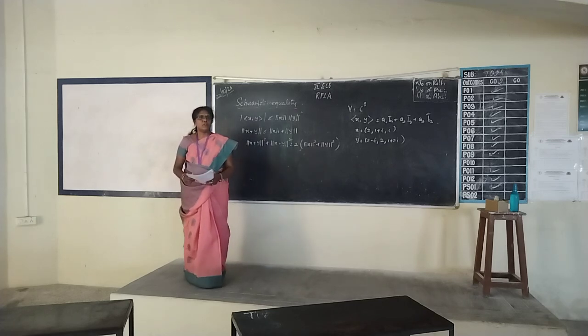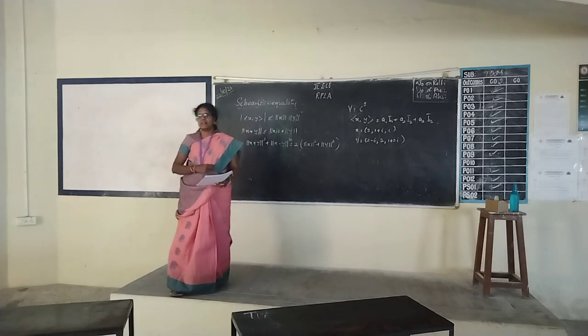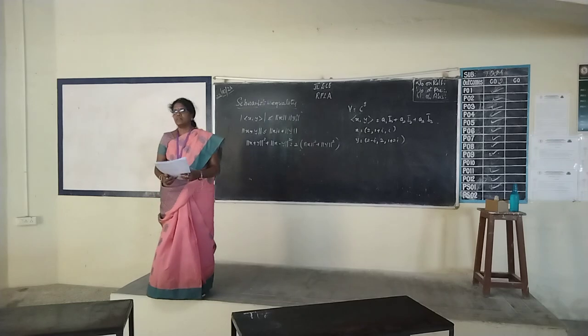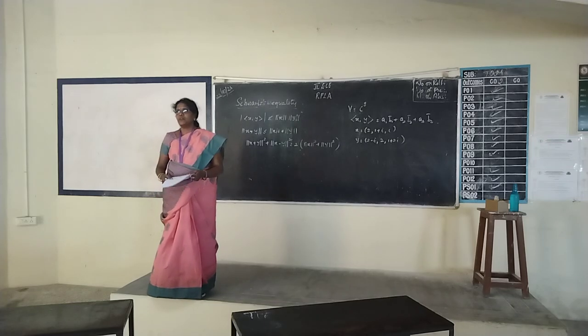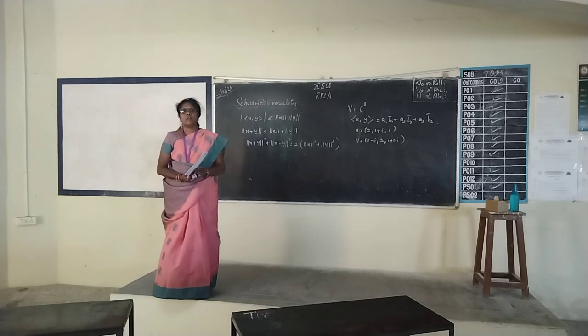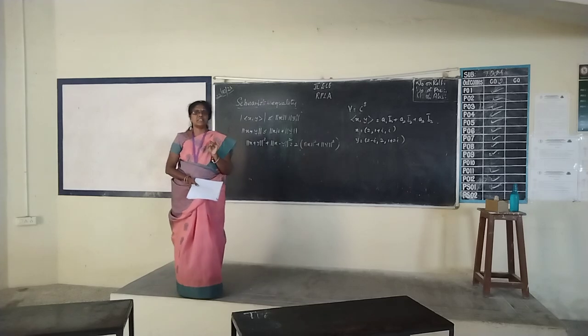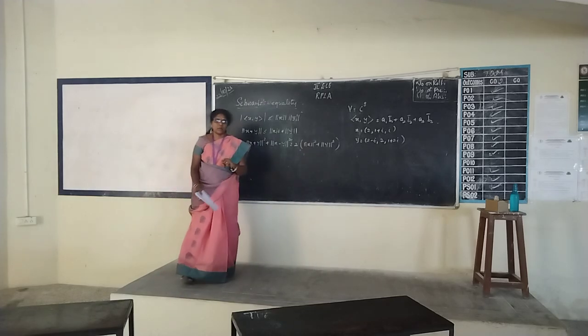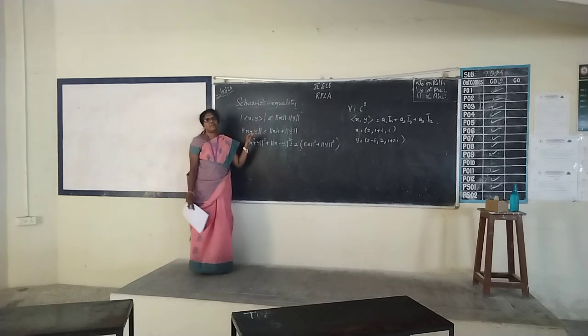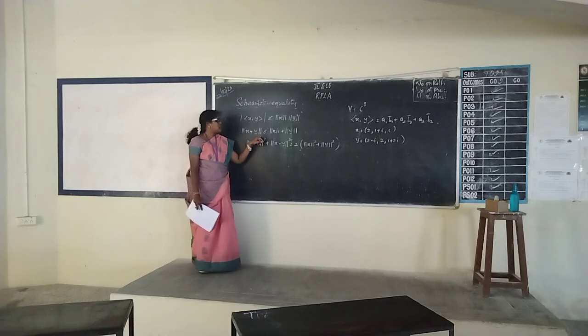So what do you have to prove now? Cauchy's inequality as well as the triangle inequality. What is the triangle inequality? Norm of x plus y is less than or equal to norm x plus norm y.